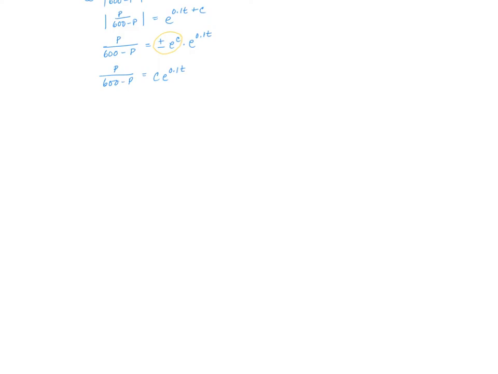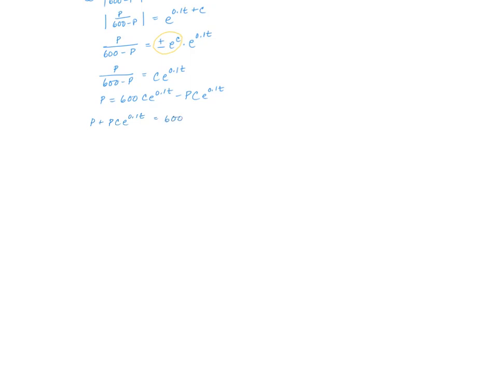All right. So I'm solving for p. Algebraically, I would just multiply both sides by 600 minus p. And this becomes p is equal to, and I'm going to distribute at the same time, 600 c e to the 0.1t minus p times c e to the 0.1t. Bring all the p's to one side, so I would add p times c e to the 0.1t to both sides.